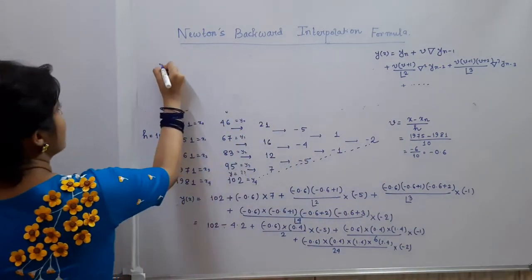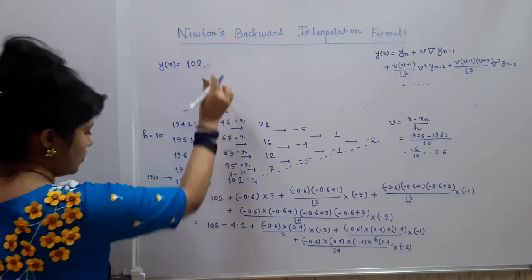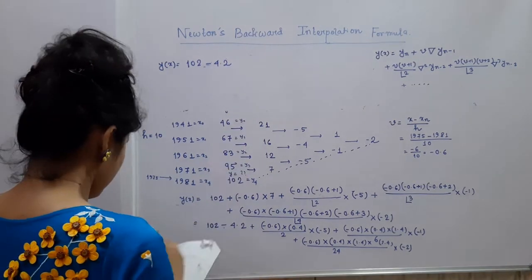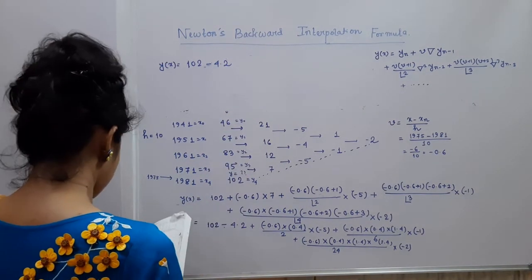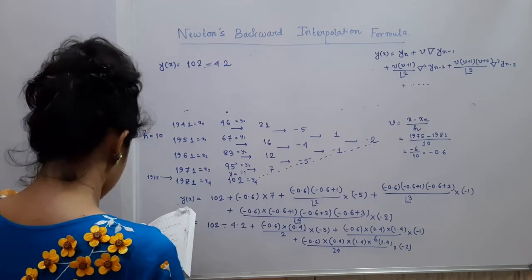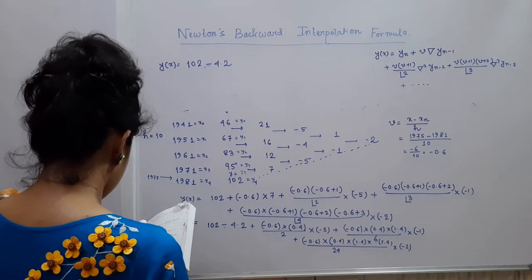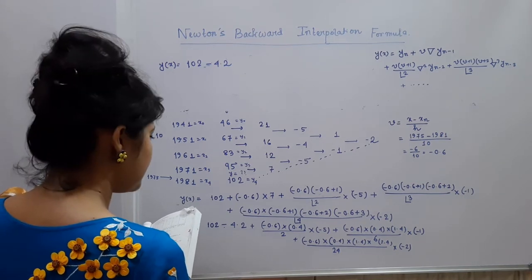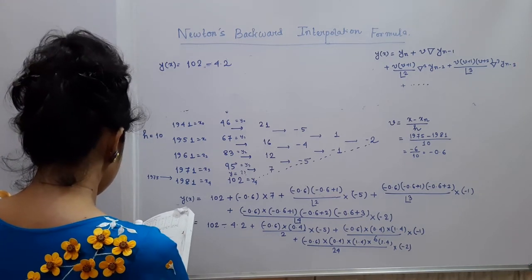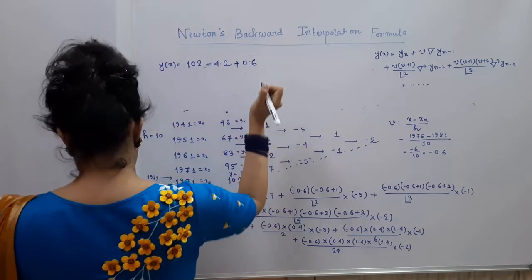So yx equal to, the first term is 102 minus 4.2, this is clear, and then this will be 0.6 into 0.4 into 5 divided by 2, so that will be plus 0.6.